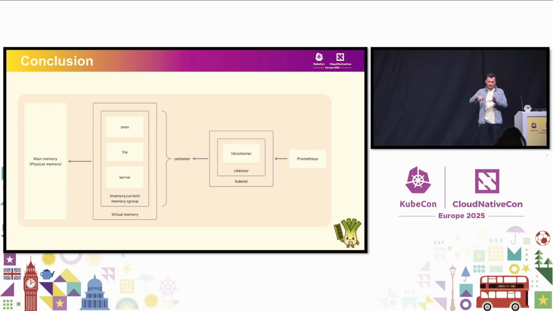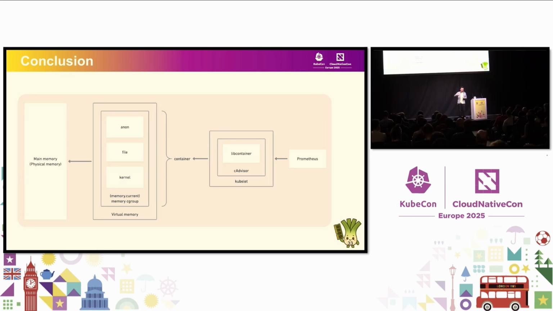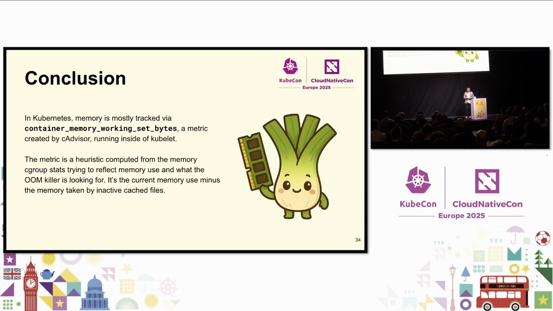All of these compose your container, then it's read by libcontainer, cAdvisor computes that, it's exposed by kubelet, and then you retrieve that from Prometheus. So in conclusion, it's tracked by cAdvisor, this is a heuristic, and this is what you're looking for.